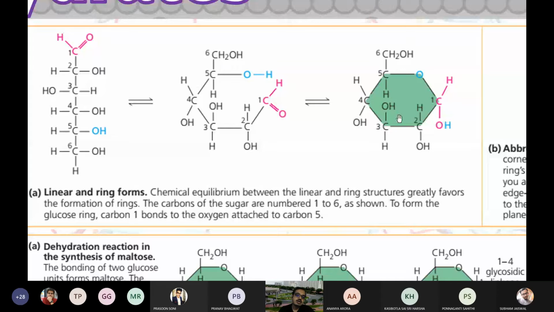This is a very acceptable, energetically favorable structure. Yes, this ring structure is highly energetically favorable for any kind of carbohydrate, especially hexoses and pentoses.